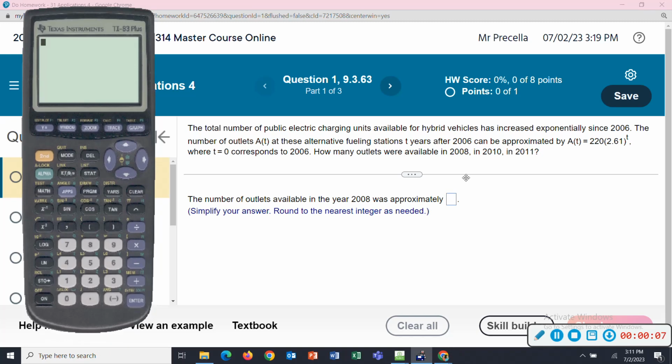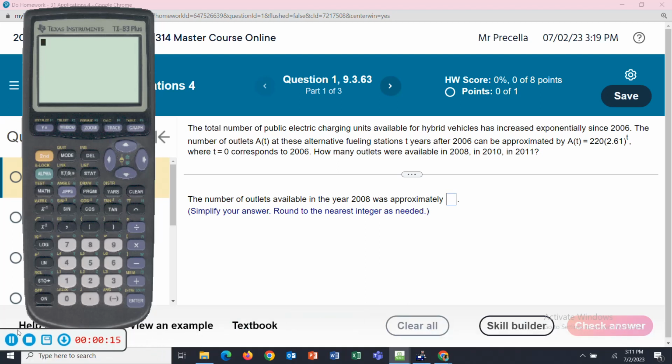Today we're going to be looking at some applications involving exponential functions, and maybe even a logarithmic function will pop up. We'll see. So you're going to need a calculator with an ln key on it.